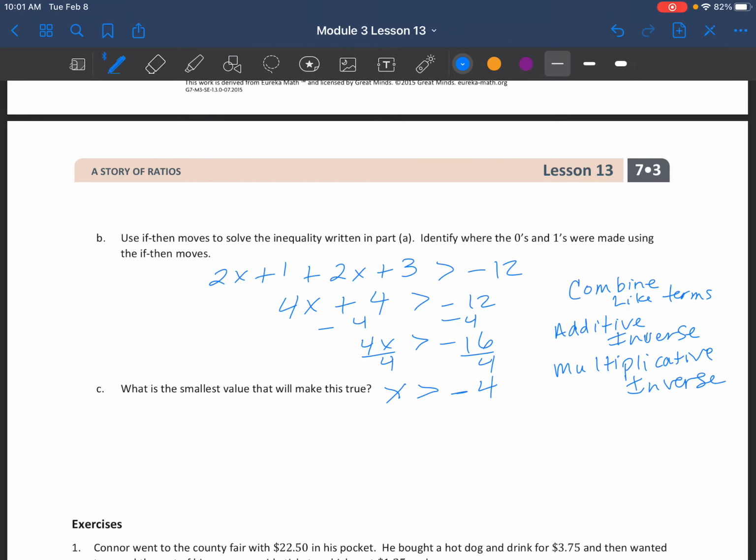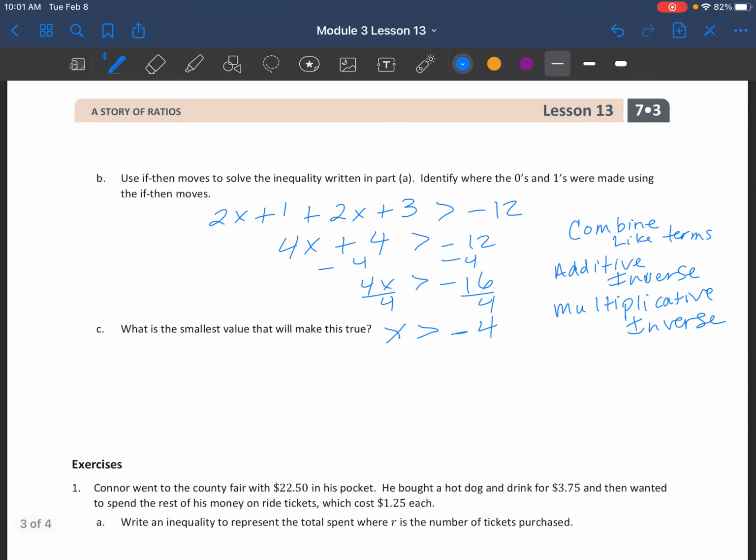We're going to divide both sides by 4. X is greater than, and negative 16 divided by a positive 4, that's going to be a negative because they're opposites, but 16 divided by 4 is 4. So x, this tells us the smallest value, right? This tells us that x has to be greater than negative 4. And there we go.